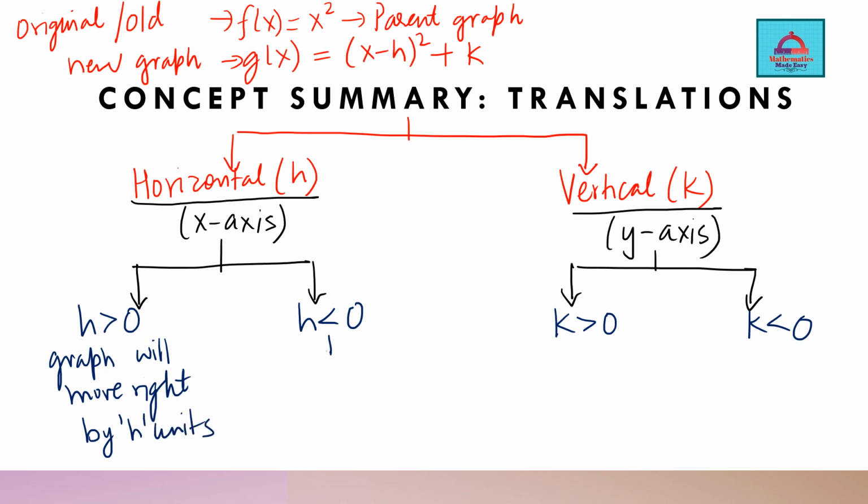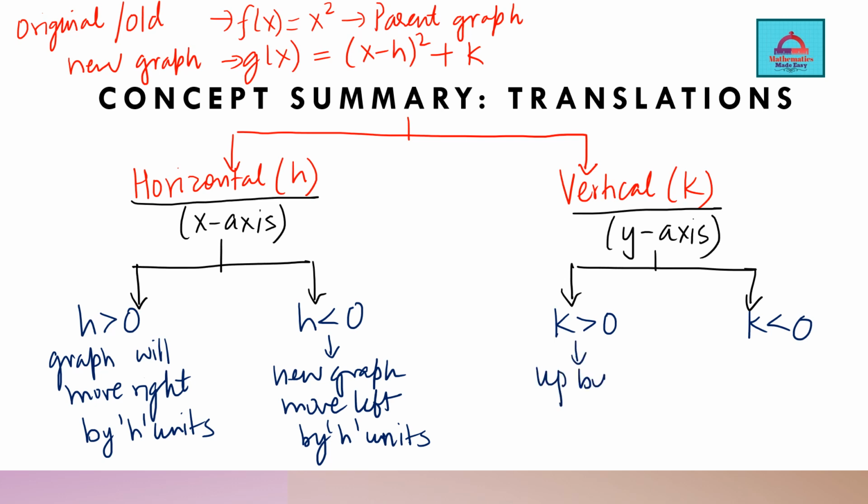If h is negative, the new graph will move left by h units. Similarly, if k is positive, the new graph will move up by k units. And if k is negative, it will move in the opposite direction, down by k units.